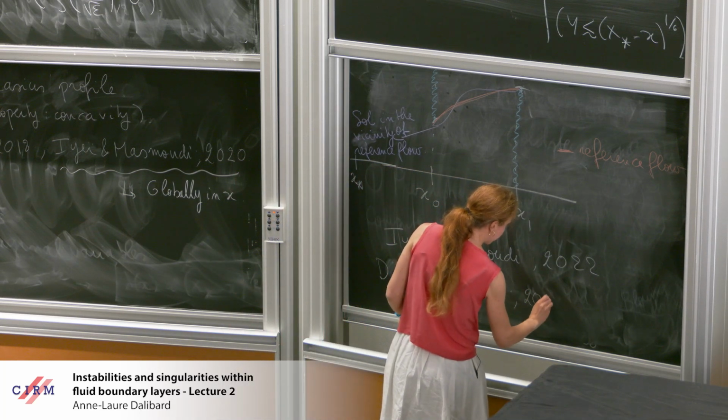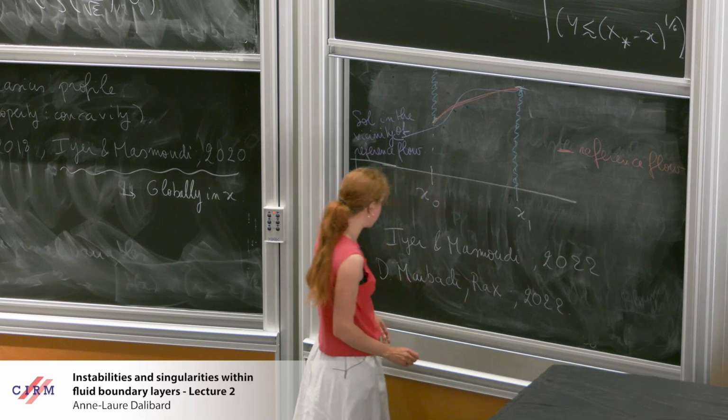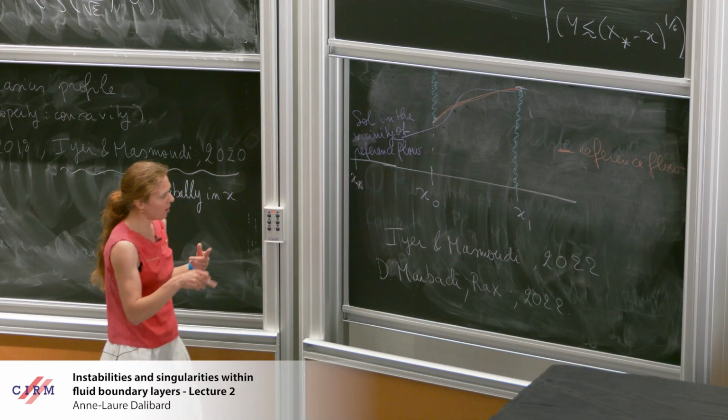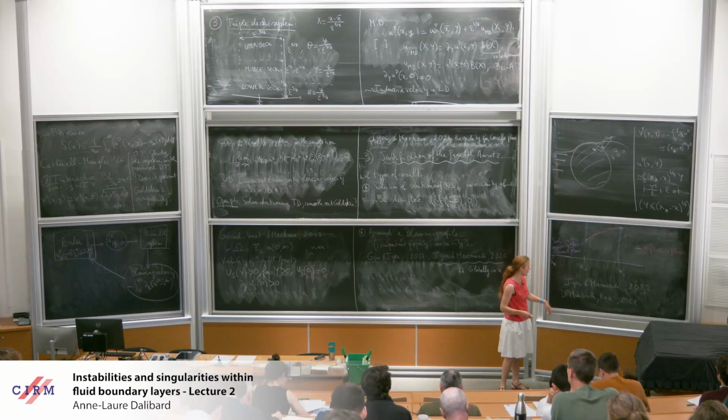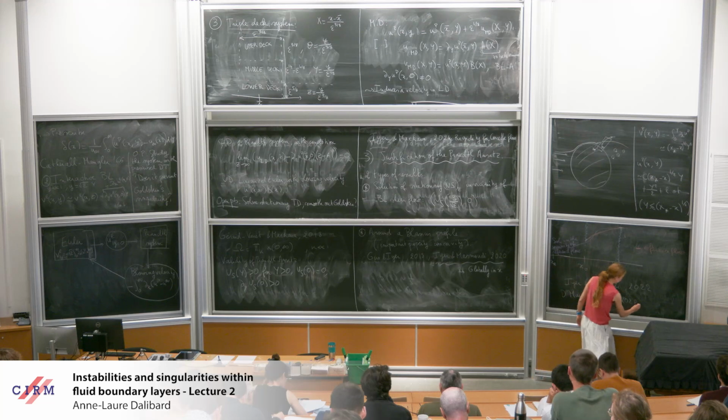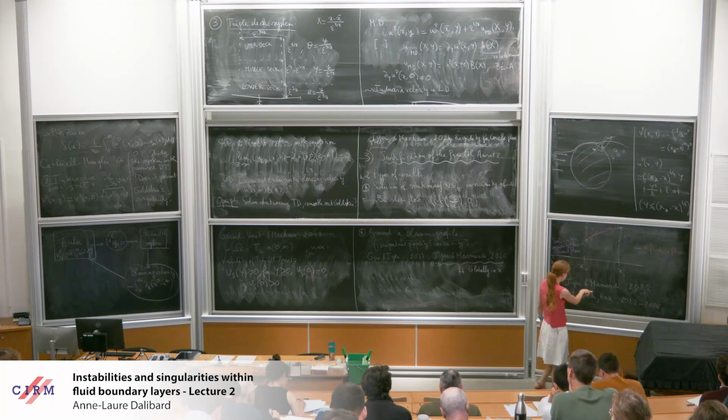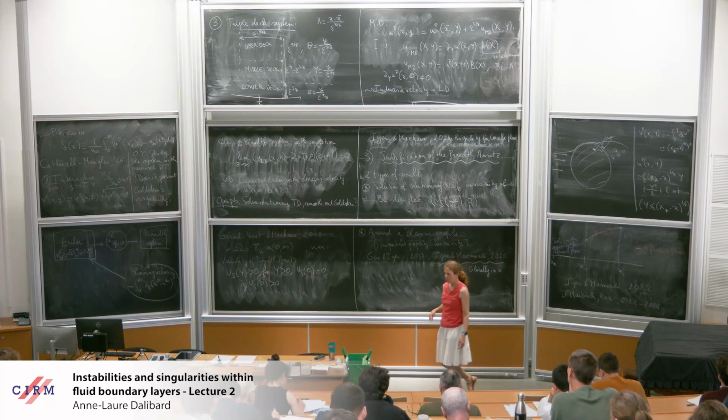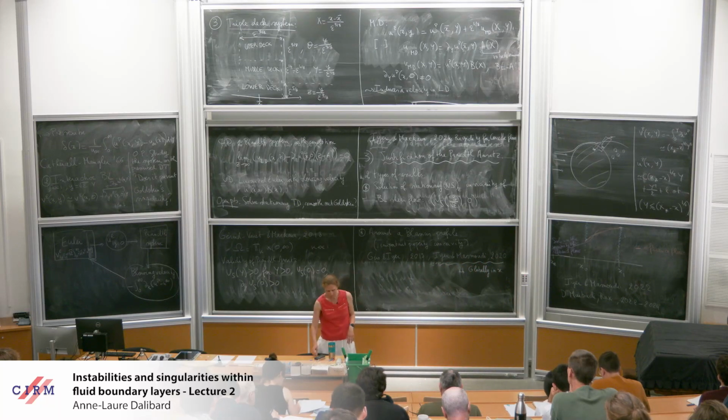And we identified some conditions for well-posedness. And recently we revisited their proof in the Prandtl setting. So what I'm going to present is based on the part that we revisited.